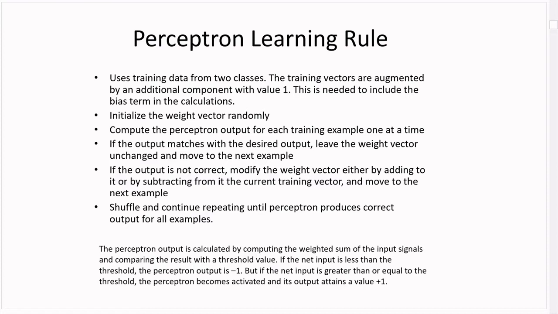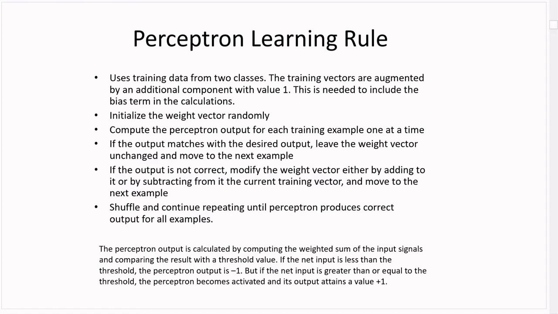If the output matches the desired output, that is, if the example is from class 1 or the positive class and the output is positive, we leave the weight vector unchanged and move to the next example. If the output is not correct, that is, the model is making an error in classification, the weight vector is modified either by adding to it or by subtracting from it the current training vector. And we move to the next example.